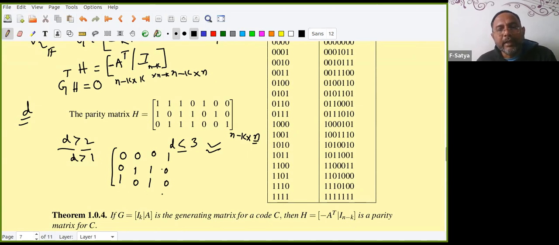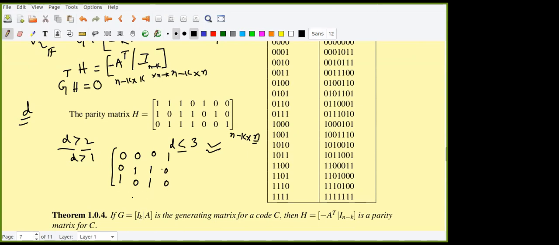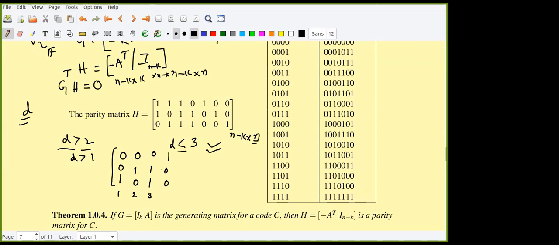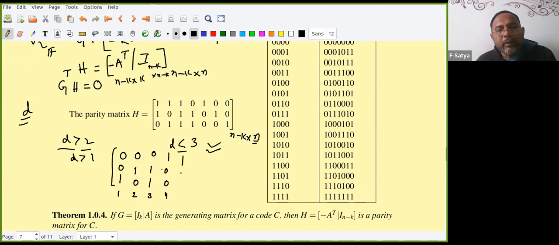Can you tell me why I'm writing like this? Yes, sir. This is the decimal expansion. Binary to decimal it is 1, this is 2, this is 3, this is 4. And here 101 is 5, 110 is 6, 111 is 7, right? So all the 7 vectors are here.